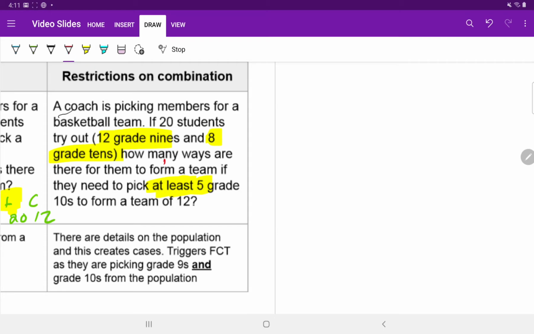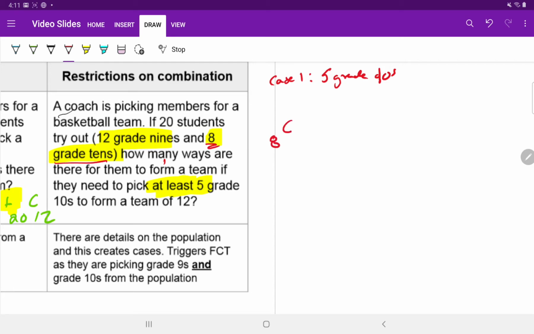Because we're talking about the subsets within the population, this is going to trigger cases, and at the same time, I'm going to use my fundamental counting theorem. So I'm going to say case 1 is they're going to pick 5 grade 10s. So I have to think about how many grade 10s I have. I have 8 grade 10s.